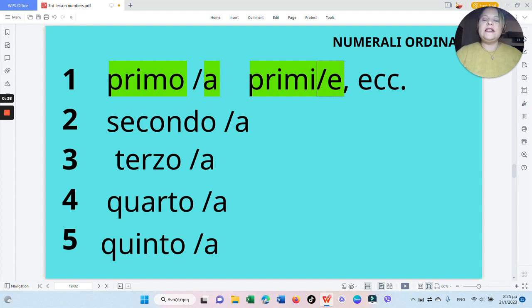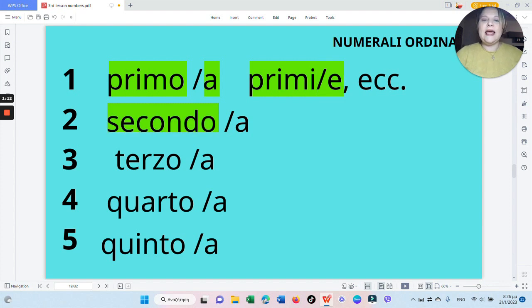So if I want to say, this is the first time that I met Mary, questa è la prima volta che incontro Mary. That means that la parola volta is a noun, a feminine one, and it ends in a. So, primo becomes prima, prima volta. Singular, feminine.